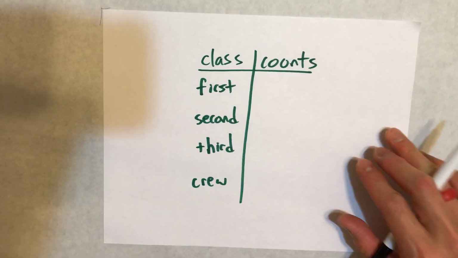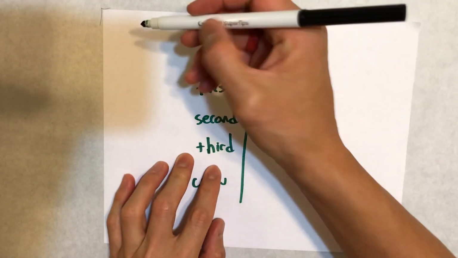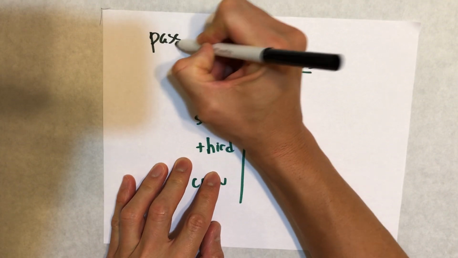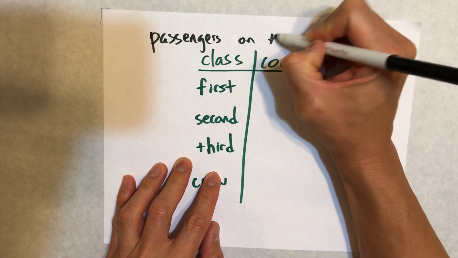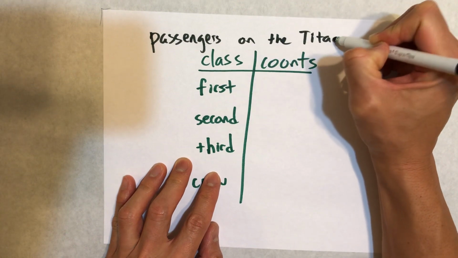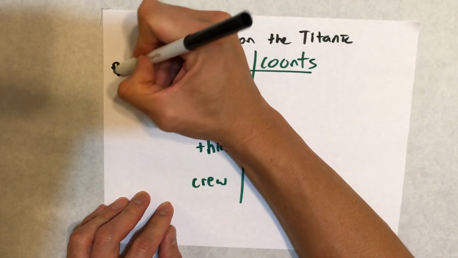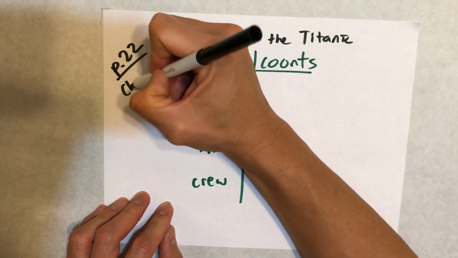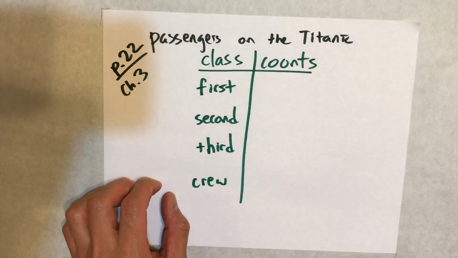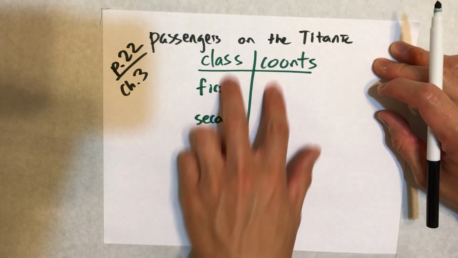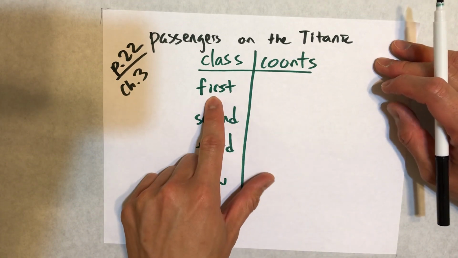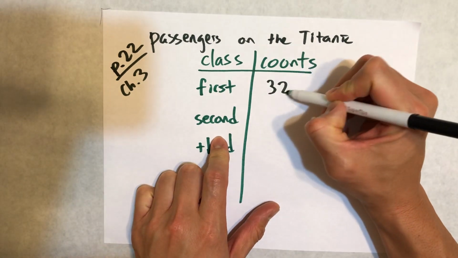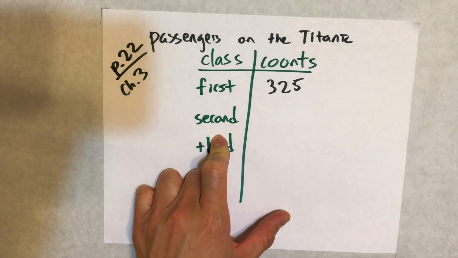Anyways, so the example they use is talking about passengers on the Titanic, and this is on page 22, and finally we're on chapter 3. So it breaks down the number of people who were in first class. Okay, so there were 325 passengers that were in first class.